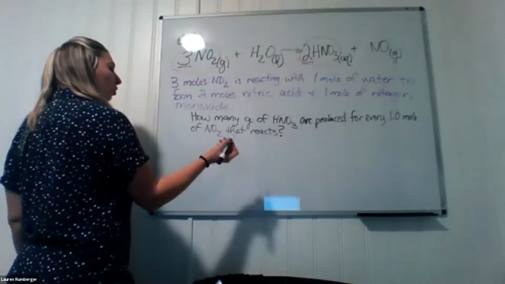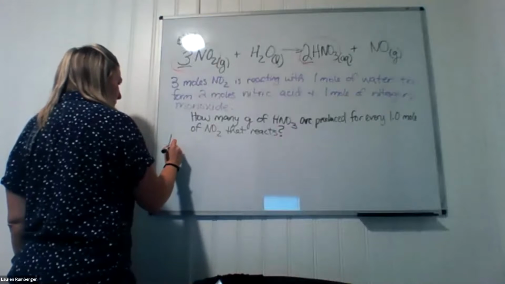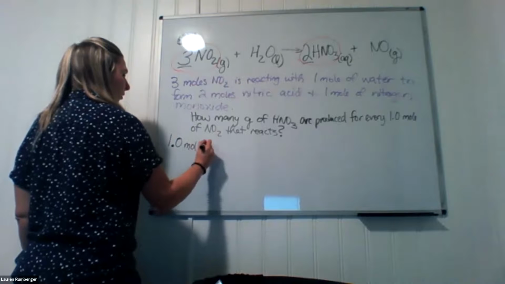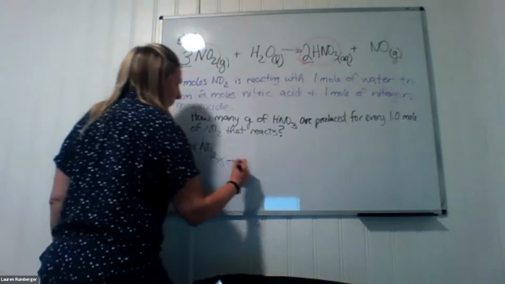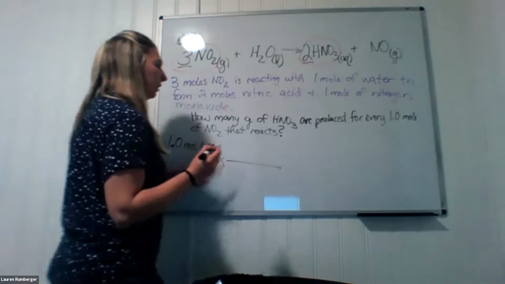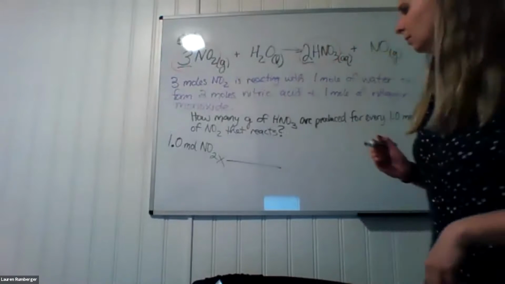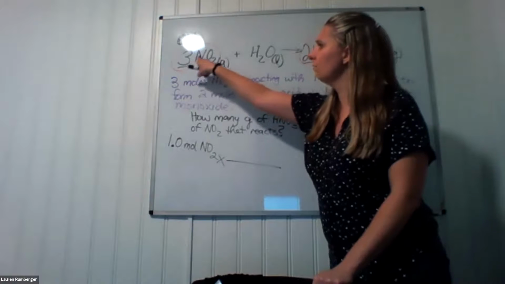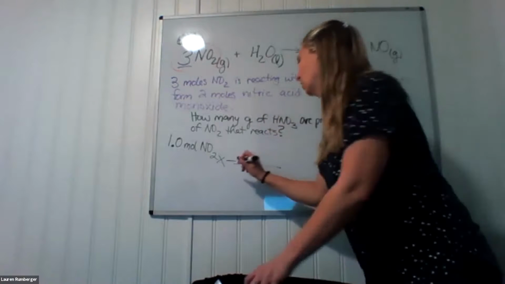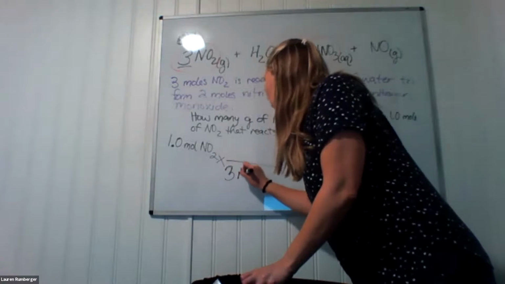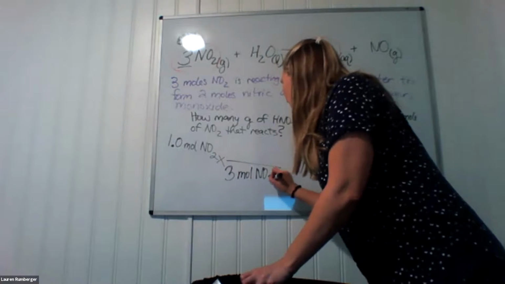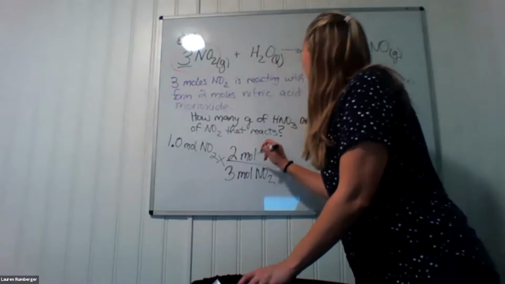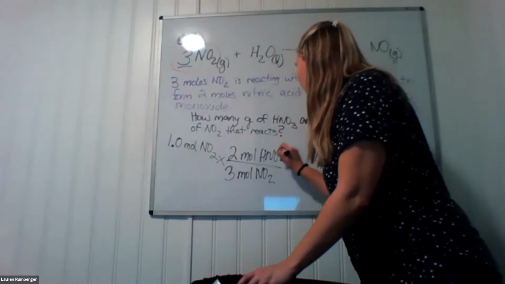Okay. So we're starting with our given information, 1.0 moles of nitrogen dioxide. Now, we want to get to grams of nitric acid. Before we can get to grams, we have to go to moles. So we use the coefficient in our equation, 3 moles of nitrogen dioxide per 2 moles of HNO3.